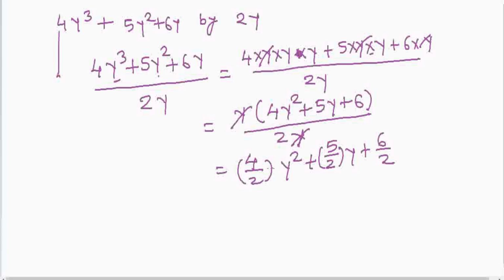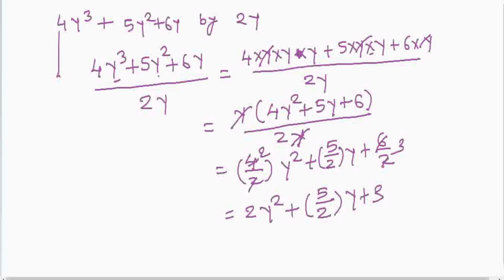There are no complications. Then you know that 2 twos are 4, so the first term is 2y square, but 5 is not divisible by 2, so keep it as it is, and we have 5 by 2 y. Again 6 is divisible by 2, so we get here 3, and we have this simple expression.